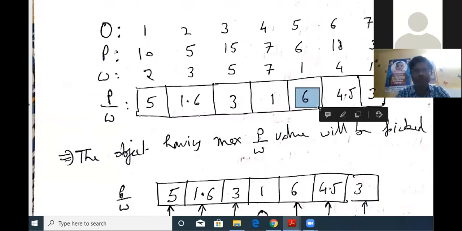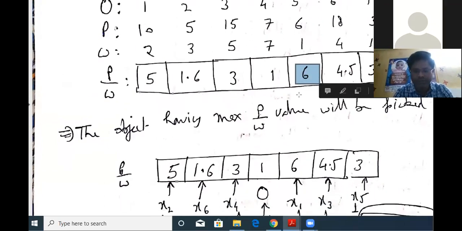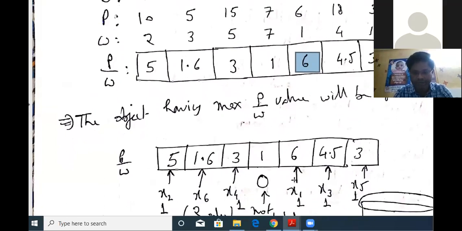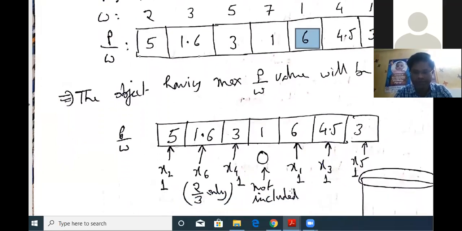So first you have to pick this item. In the diagram I have marked it x1. x is the variable that we vary from 0 to 1. We start from here, since the profit to weight ratio is maximum here. So here is the x1 value.